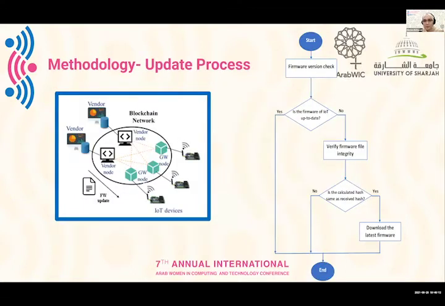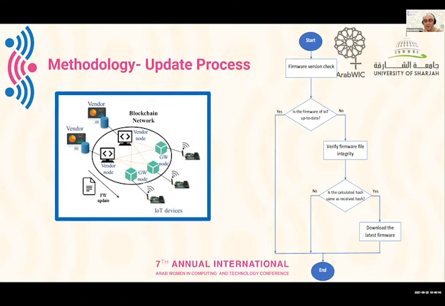So this is again the flowchart explaining our methodology. When we have the firmware version check, it will check whether the IoT device is up to date or not. If it's not, then before downloading it to the IoT devices, we need to check its integrity or correctness by comparing the hash, because the vendor will send the URL of the firmware update with its hash, and then in the gateway node, it will calculate the hash and compare.